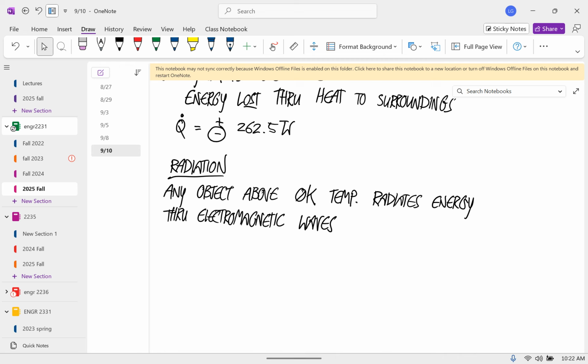So it's any object, even if it's extremely cold. Is there a difference between that kind of radiation and a light bulb glowing? No, that's what it is. A light bulb glowing, the only difference is they all emit electromagnetic radiation.